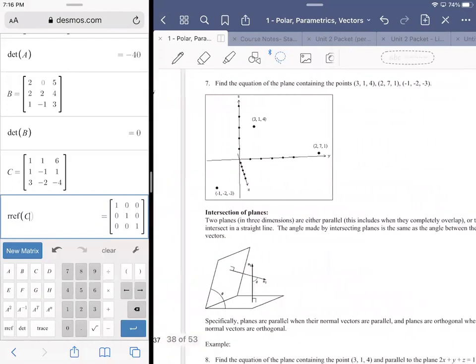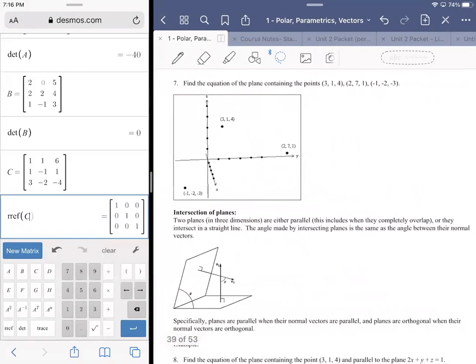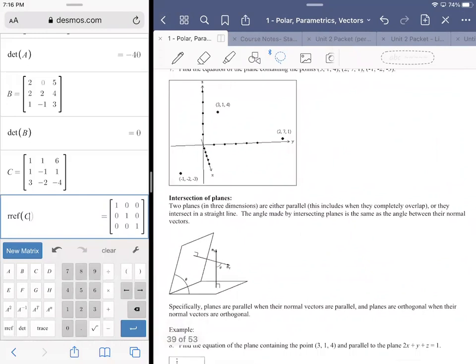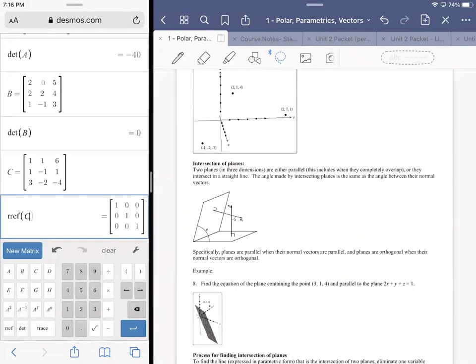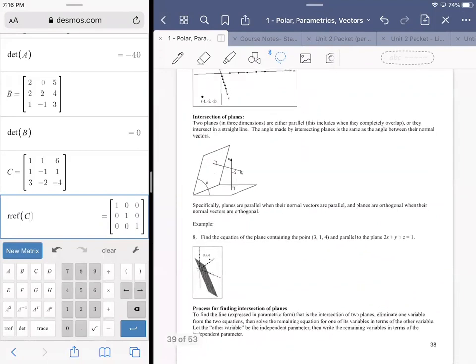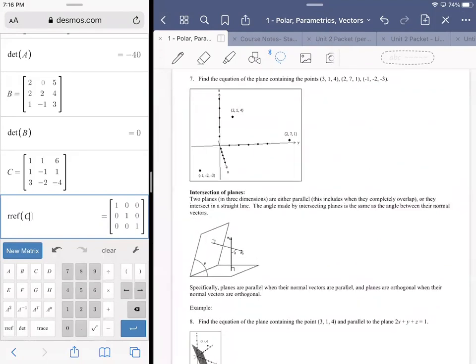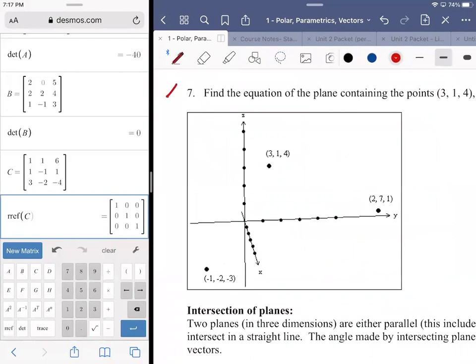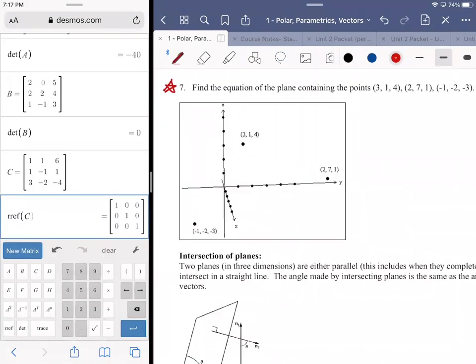So number 7 is kind of along the same lines. And in fact, I could say, let's put a star on that one. So you could try that one on your own, and then we'll come back to that next class.